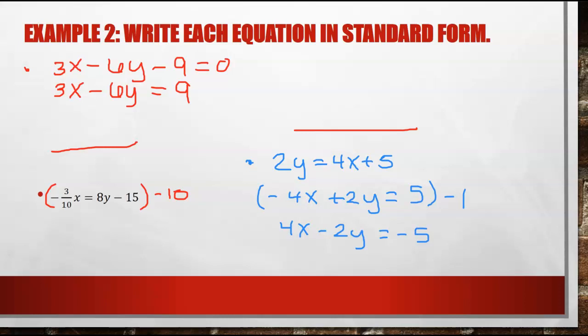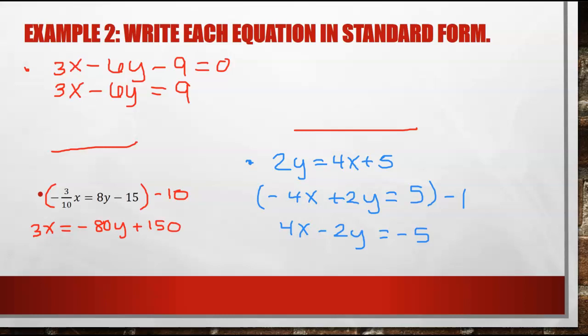So negative times a negative gives a positive, and negative 3/10 times negative 10 gives a positive 3x equals, and then what we're going to do is you multiply 8 by negative 10, so you get negative 80y, and 15 becomes a positive 150.